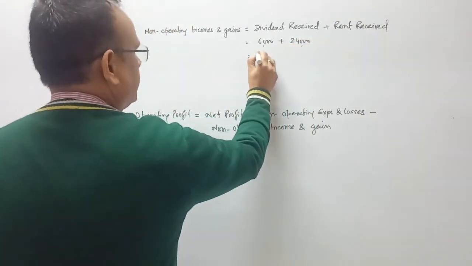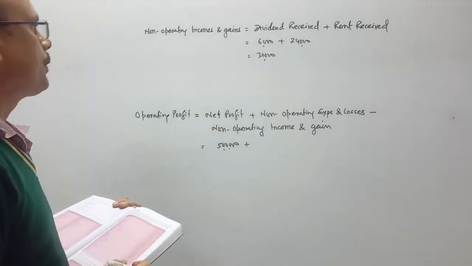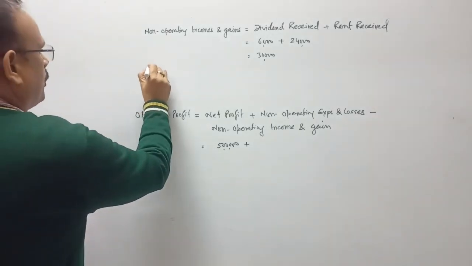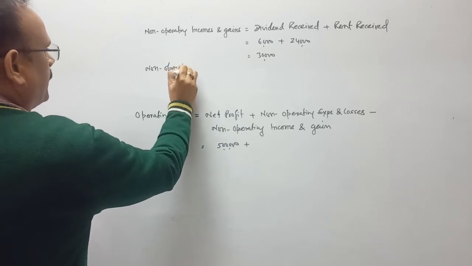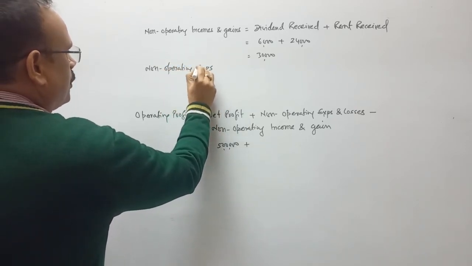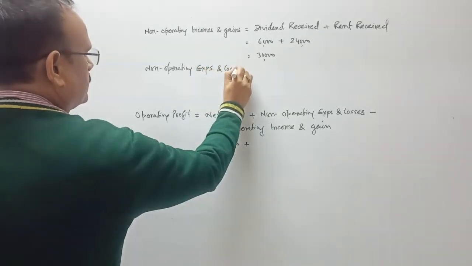So it is 30,000. 30,000 is the non-operating incomes and gains. Similarly, we will calculate the non-operating expenses and losses.